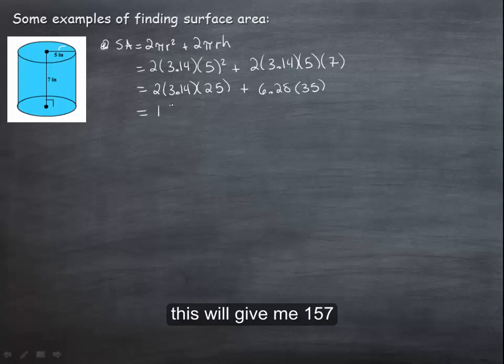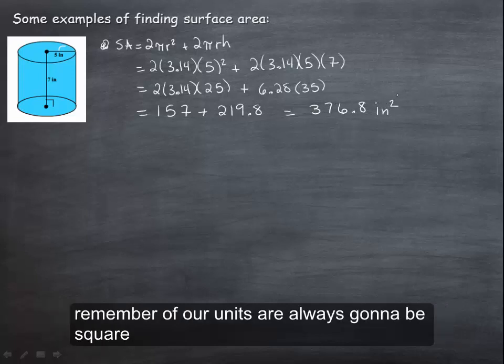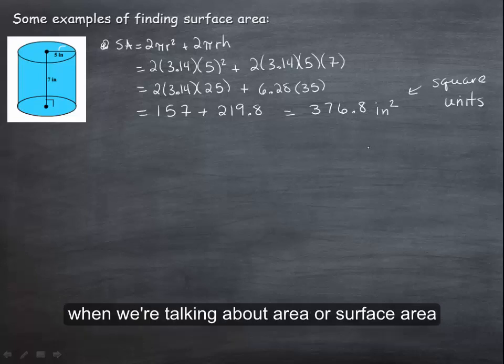This will give me 157 plus 219.8, which will give me a surface area of 376.8 inches squared. Because remember, our units are always going to be square when we're talking about area or surface area.